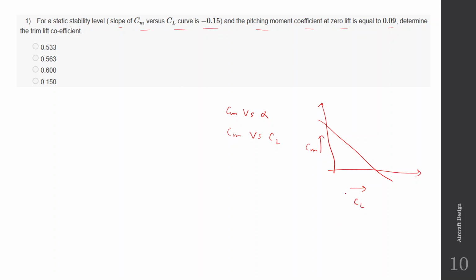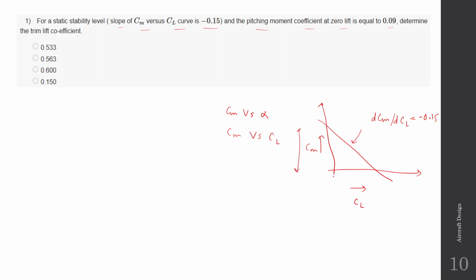Further it says that the slope is minus 0.15. And then the pitching moment coefficient at zero lift.